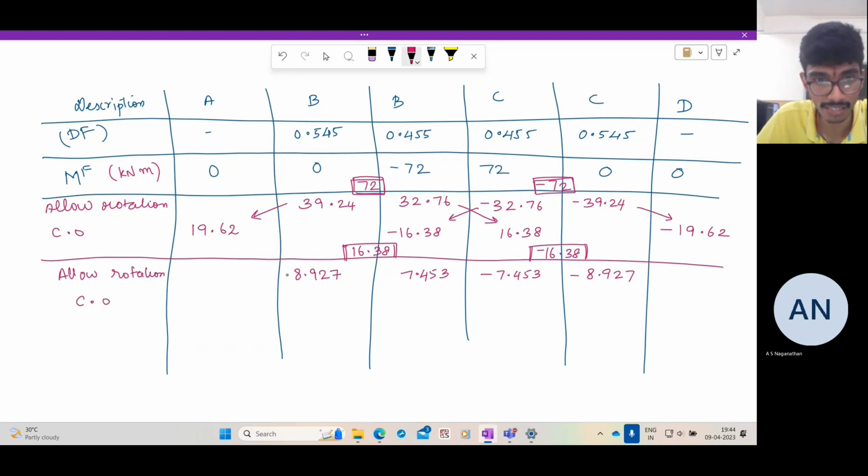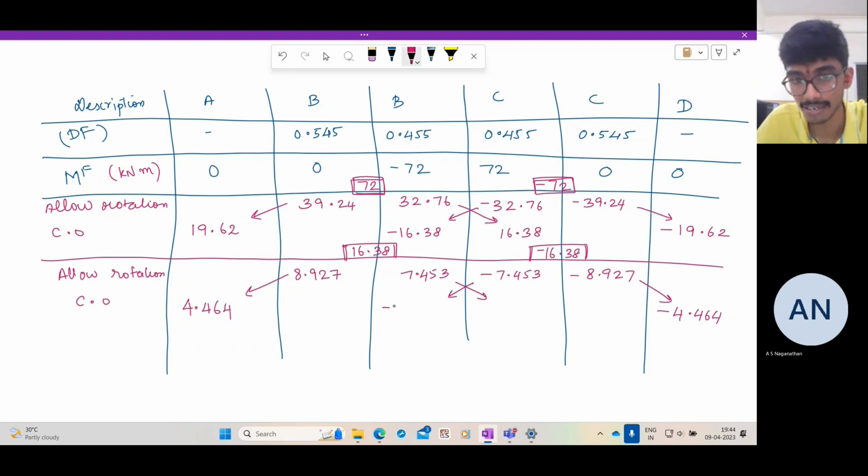Again, because of the rotation, there will be a carryover to the far end in each case. So this carried over moment is 4.464. Here you have minus 4.464. So again, half of this is minus 3.726. Here you have plus 3.726.